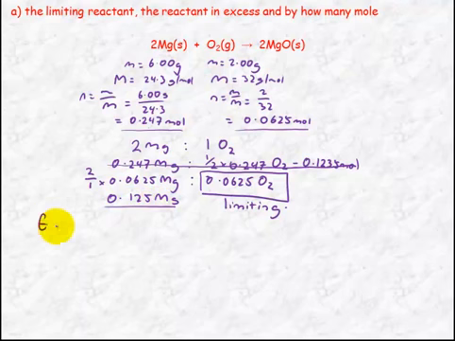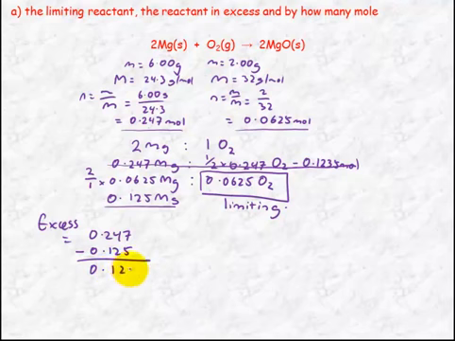So, excess equals 0.247, we started with, minus 0.125, which equals 0.122 mole of magnesium is in excess.